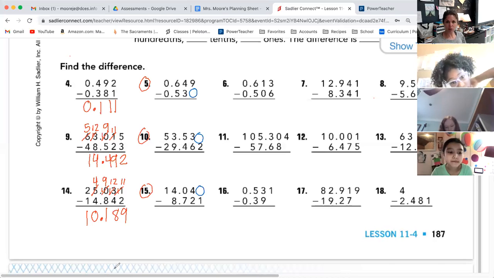So last 3 we're doing on this page, go after 5, 10, and 15.